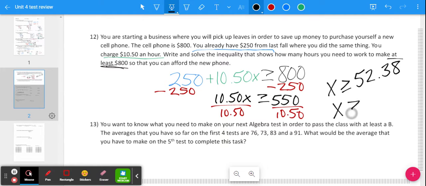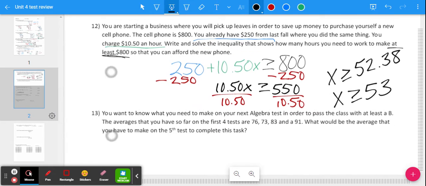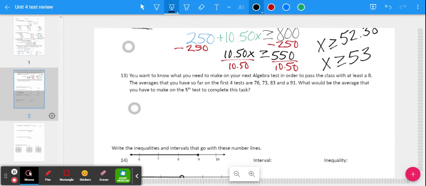So x is greater than or equal to 53. Another way to tell is replace it with your numbers. So if we said 52 is greater than or equal to 52.38, that's not correct. So that lets us know that instead of using the 52, we have to bounce it up to that 53. And that's hours.